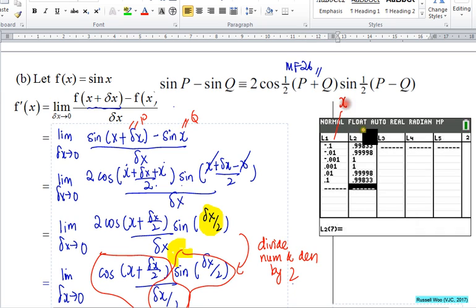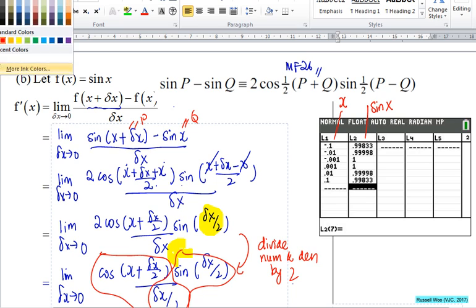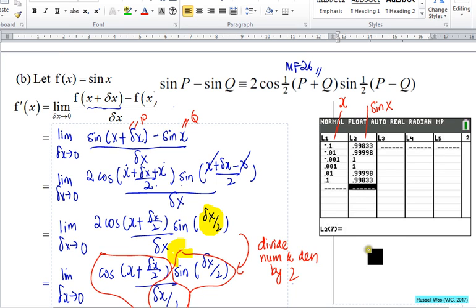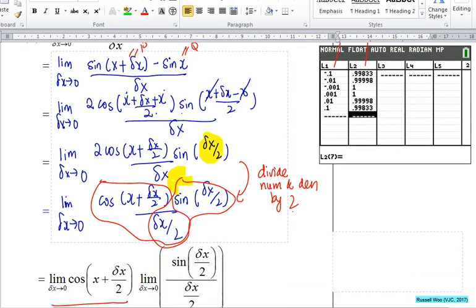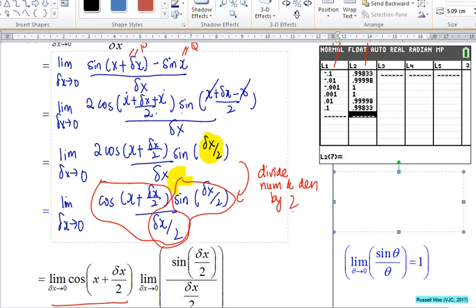L1 is your x, L2 is your sine x. If you evaluate the value of sine x over x as x tends to 0, you realize that, must write down, must copy, as theta tends to 0, sine theta over theta is actually 1, if you use your GC to calculate.